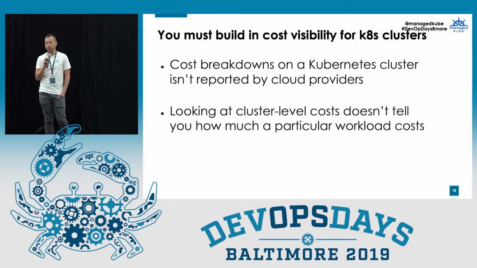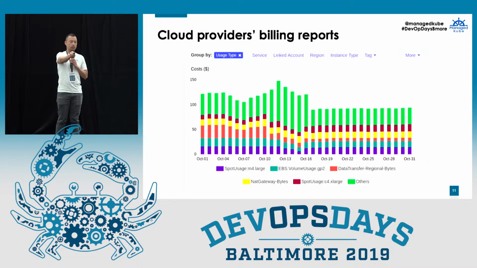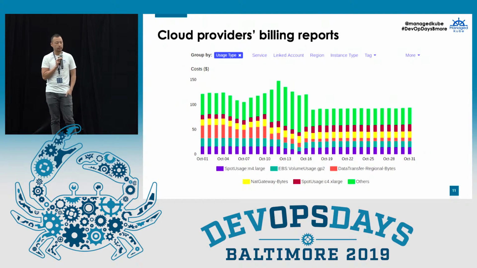But to build cost visibility, the costs that are coming out of your Kubernetes cluster are not apparent in your cloud cost bill. If you're in the cloud on GCP or AWS, you don't get the breakdown at the Kubernetes level of what your pods are costing you. For example, here's an example of a chart that AWS gives you.